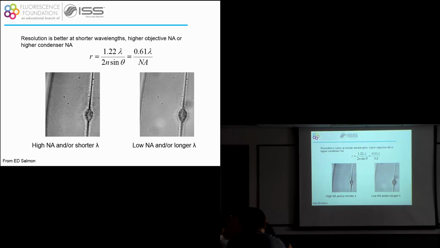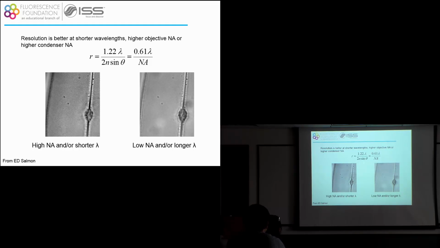So let's go back to the resolution a little bit. The resolution is equal to this number that we can simplify. So we have the wavelength, and we have the numerical aperture, and then again the numerical aperture is here. So what this tells us is that the resolution is better if we use a shorter wavelength and higher numerical aperture.